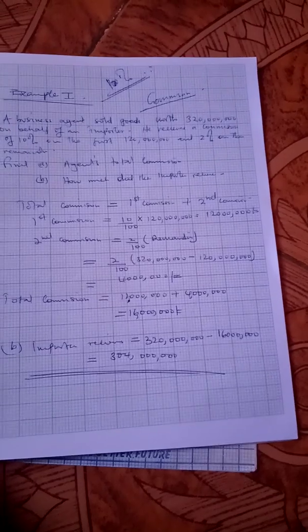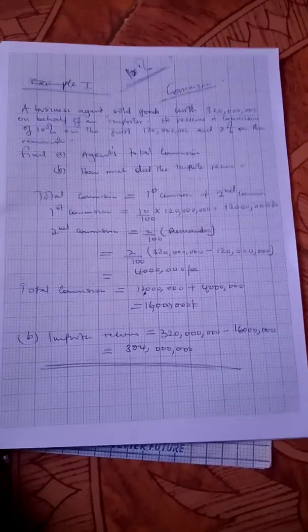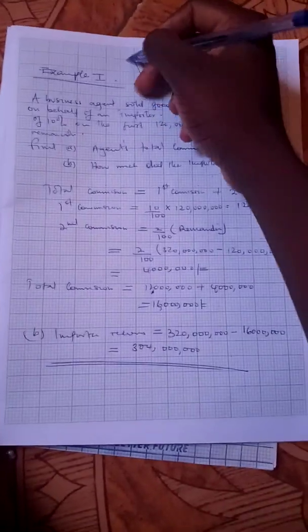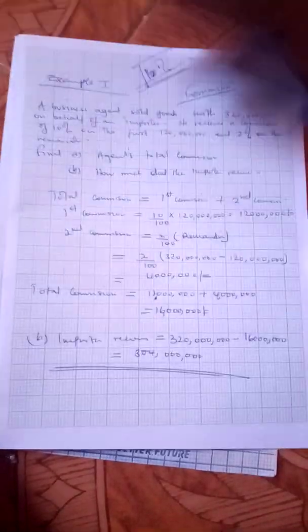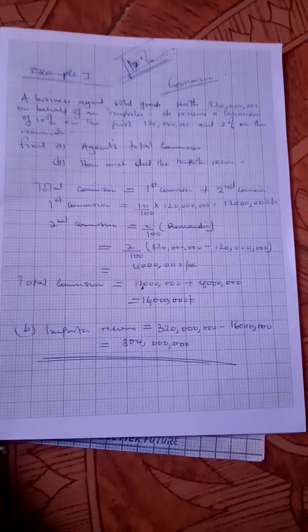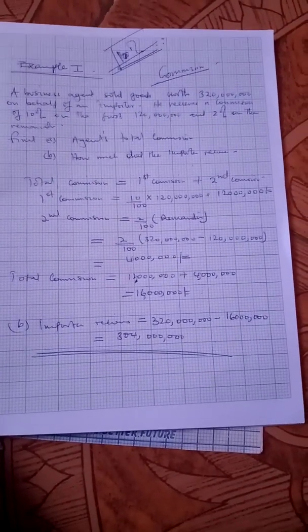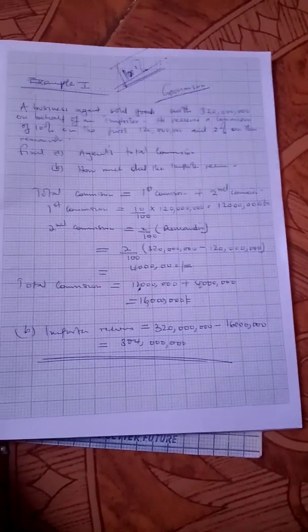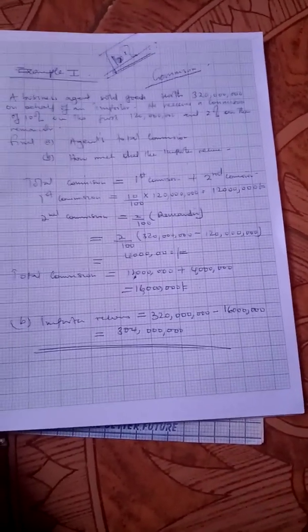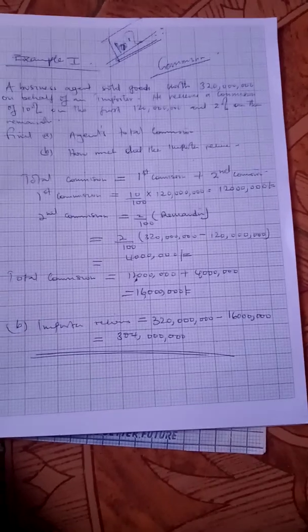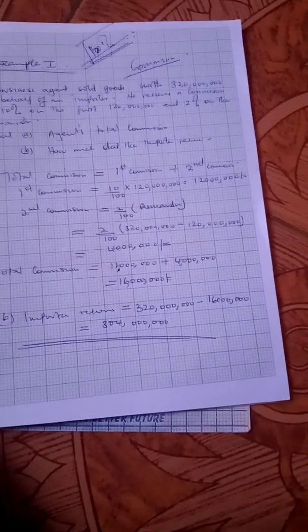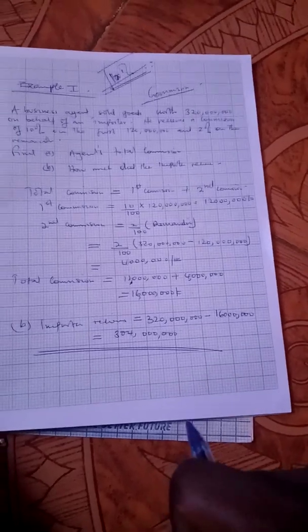So when I take back their 100, they will subtract the 10% and give me the 10%. That 10% is what we refer to as commission. So after selling for them and giving them their 100 million, the money they are supposed to give to me for selling for them is what we call a commission.